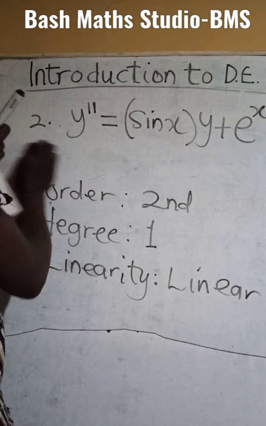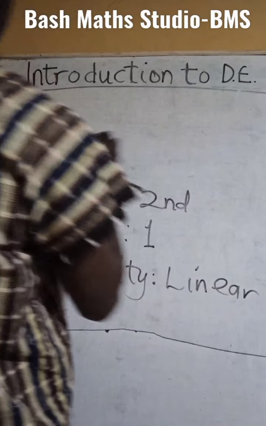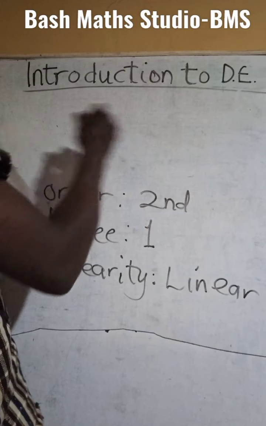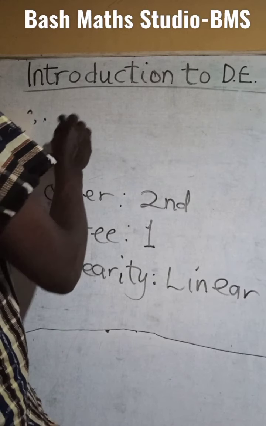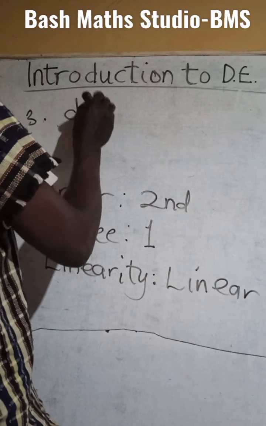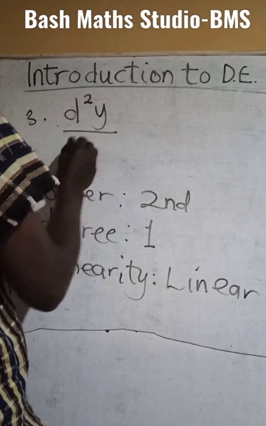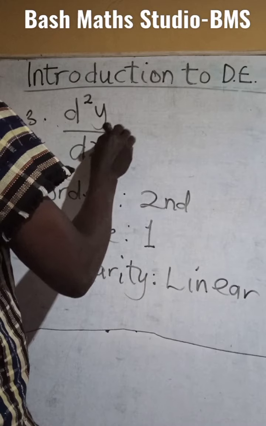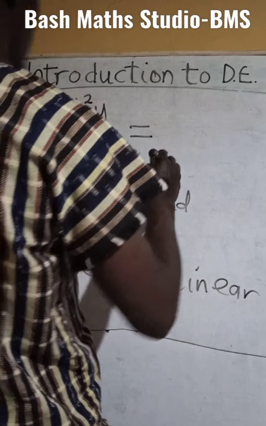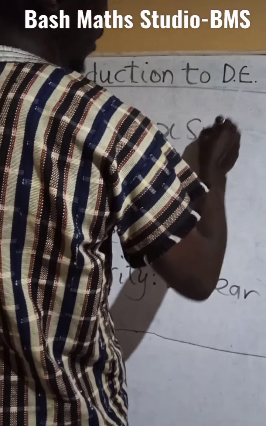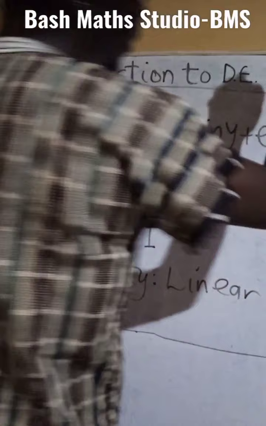So I want to clean this, and then we move to the third equation we'll talk about today. So the third equation is d squared y over dx squared, given as x sine y plus e exponent x.